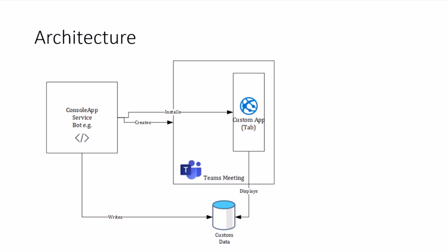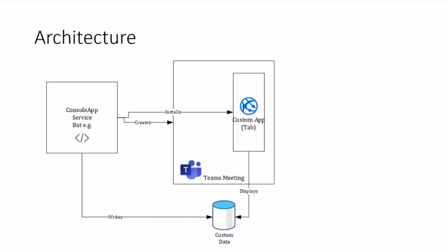First, quickly the architecture once again. Yeah, so I use a console app. This can be any kind of web service, a bot, whatever. But this is the acting thing here that first creates a Teams meeting. Second, it installs the custom app.